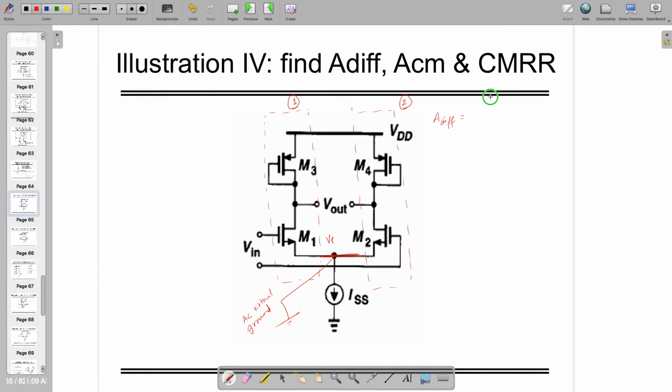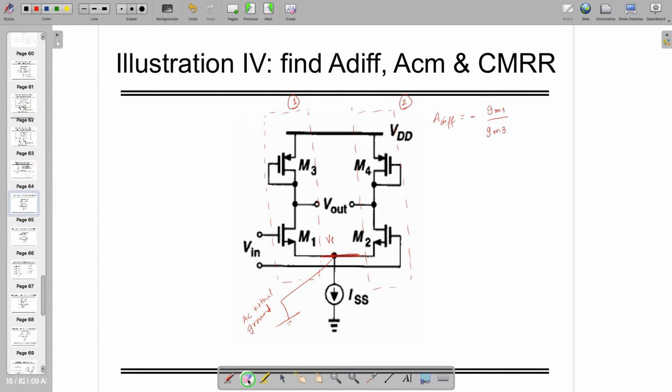The gain is very easy. You can write down minus GM1 divided by GM3. Even though there is some channel modulation, it's going to be removed because GM is a much lower value than RO. So this is the differential gain.